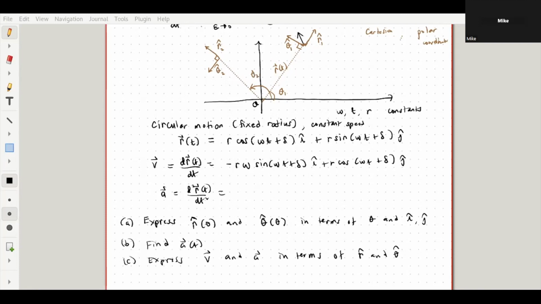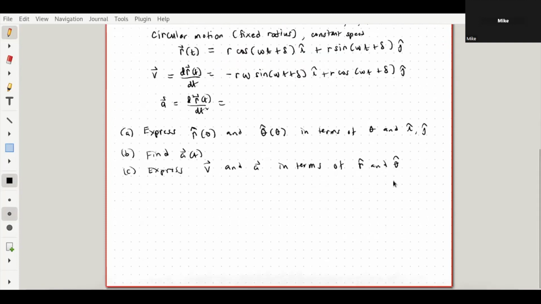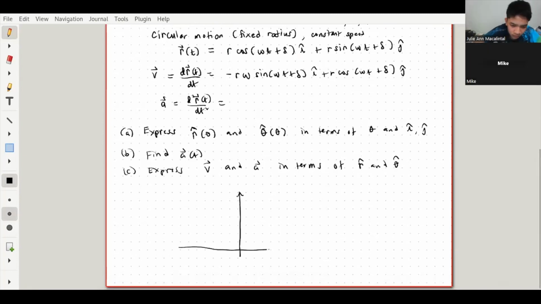So, ano yung r hat, theta hat in terms of theta and i hat, j hat? Okay, baka mas madaling i-set up kapag gawin mo to. Let's say pumili ka na ng angle.